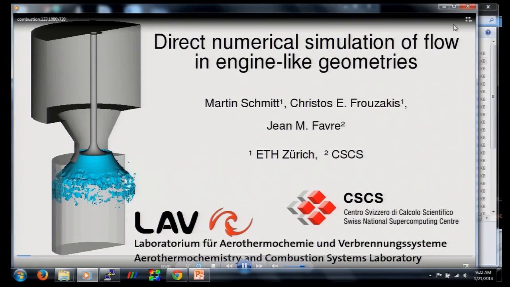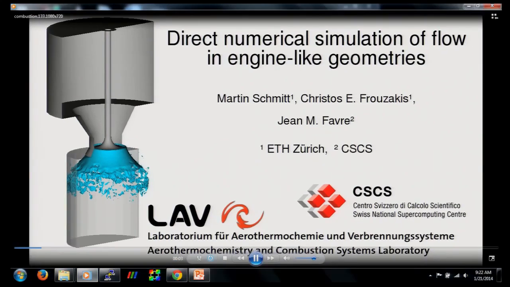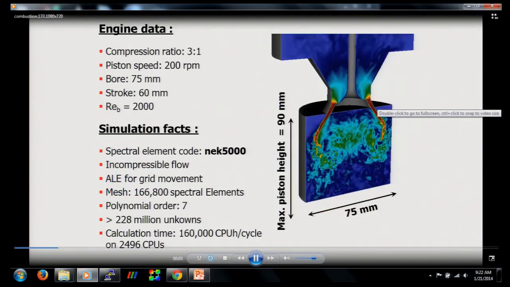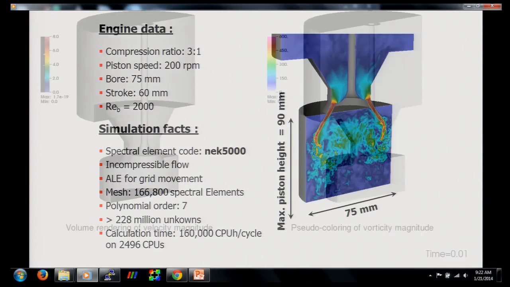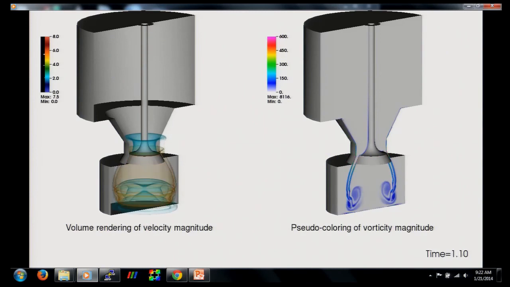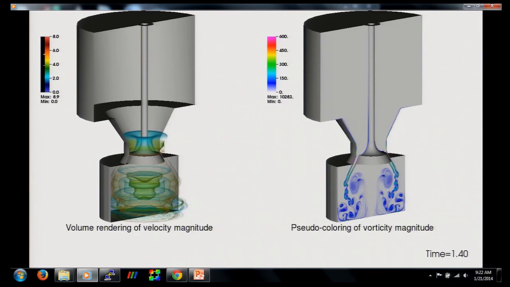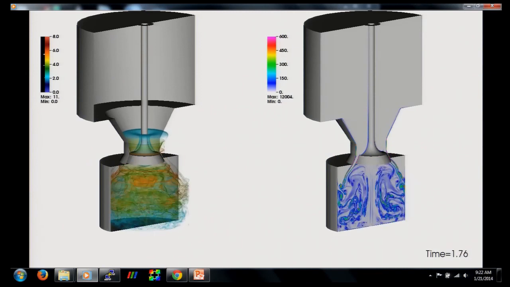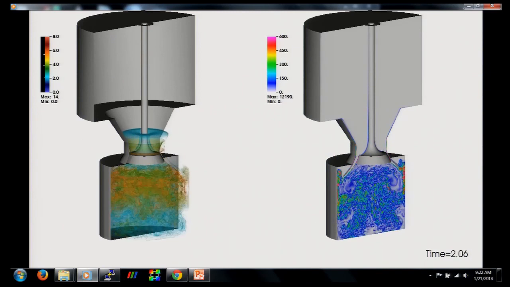So here's another example of a video which was made on ROSA, on the supercomputer. This is a data simulation from some colleagues at ETH Zurich. We're looking at the flow through this piston going into the combustion chamber here. What we see here is volume rendering.